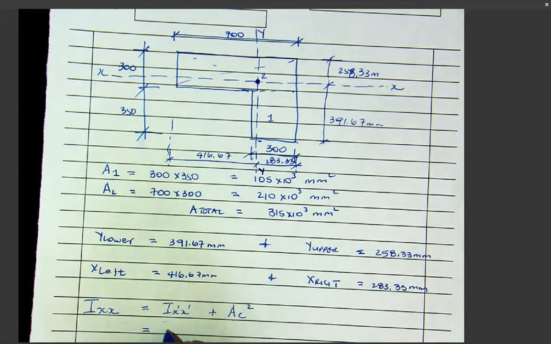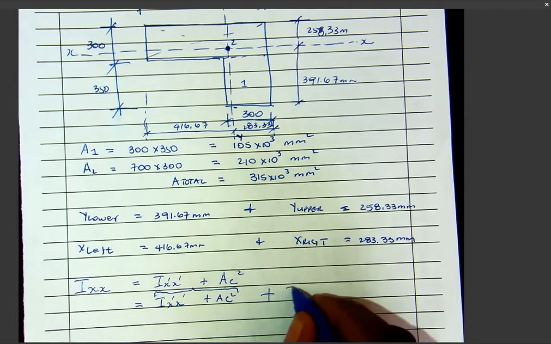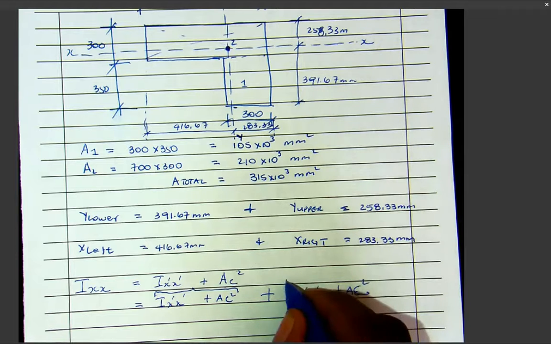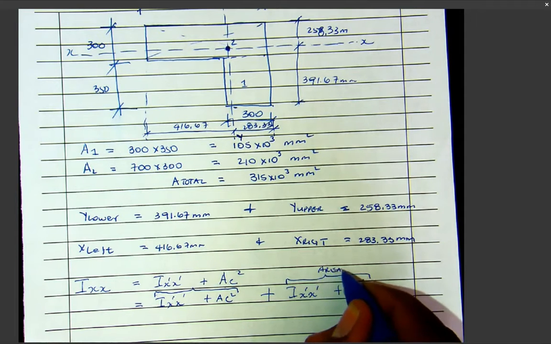So I must write it down again. This is for area 1 plus this is for area 2.